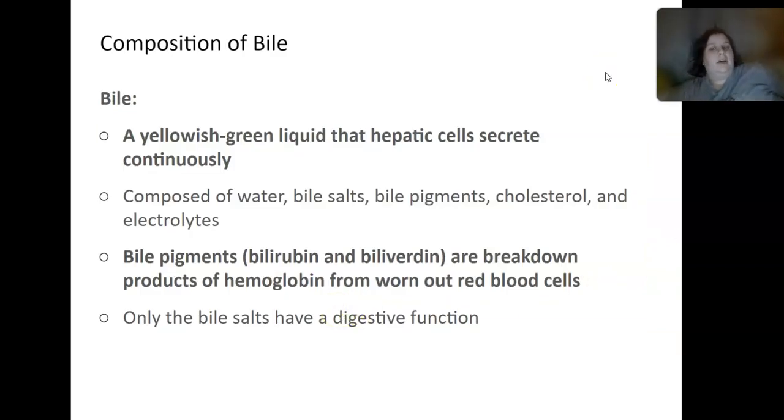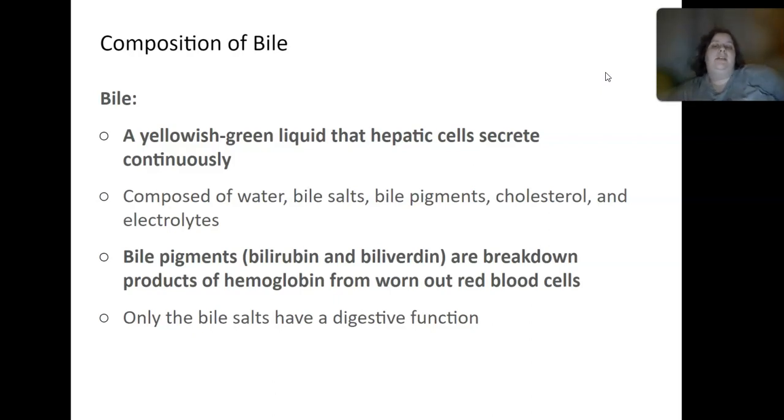Now we are going to talk about bile and what it does. Since our liver's job in digestion is to secrete it, we're going to talk about what it is. It is a yellow-greenish liquid that hepatic cells secrete continuously, which means they don't stop. It is composed of water, bile salts, bile pigments, cholesterol, and electrolytes.